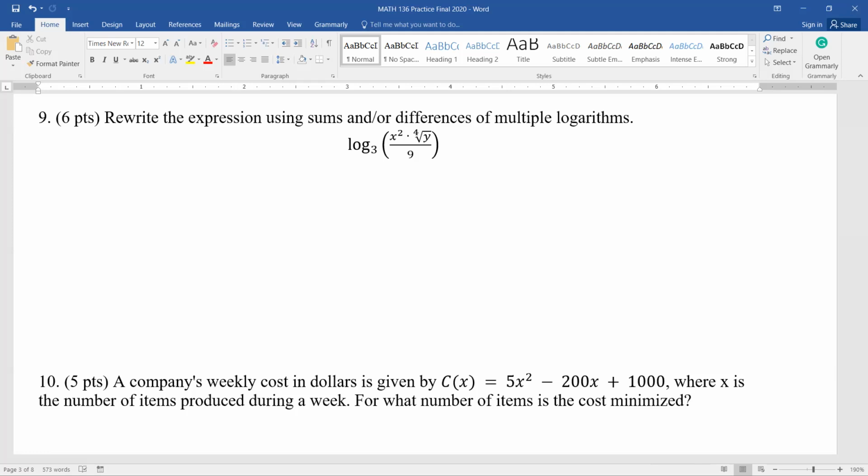So currently we have the 4th root of y. We want to write that as a rational exponent. So that's going to be y to the 1/4 power. And if I would have log base 3 of y to the 1/4 power, that 1/4 must be moved down out front. So for the second log, we're going to have 1/4 log base 3 of y.